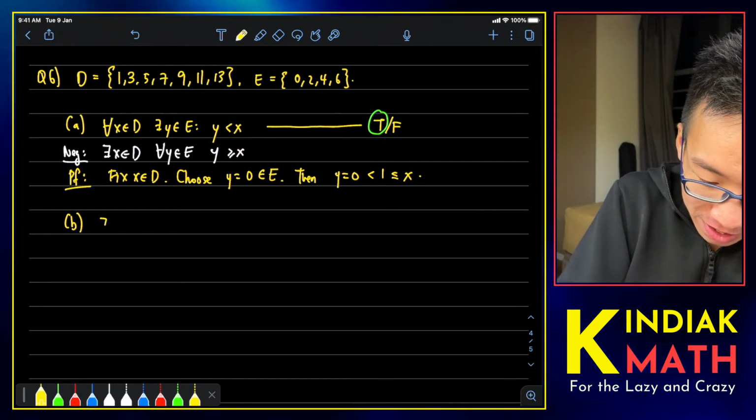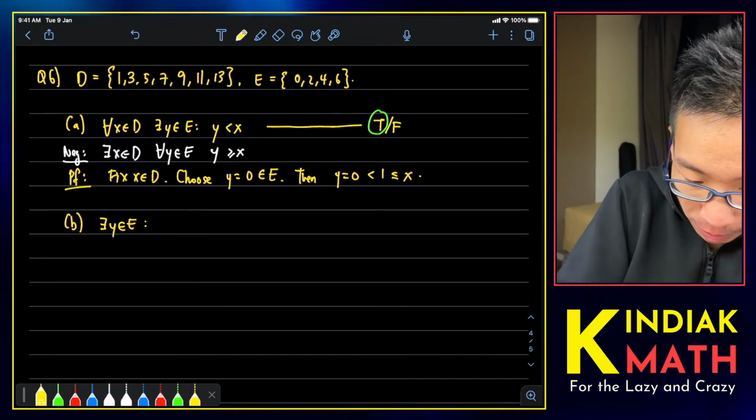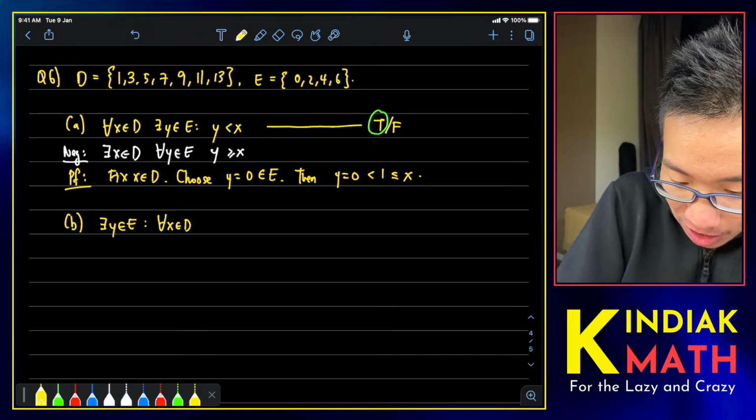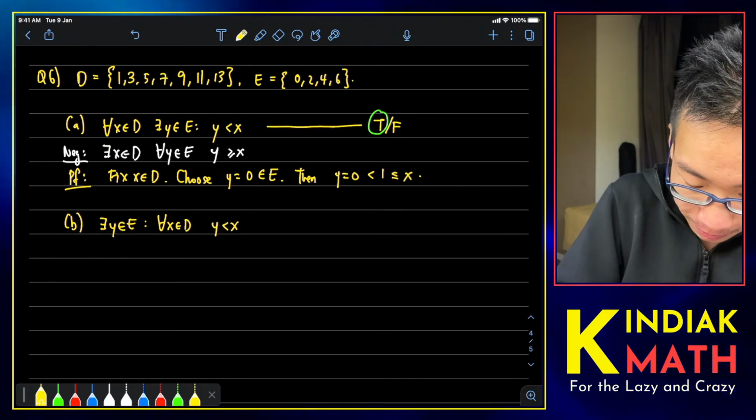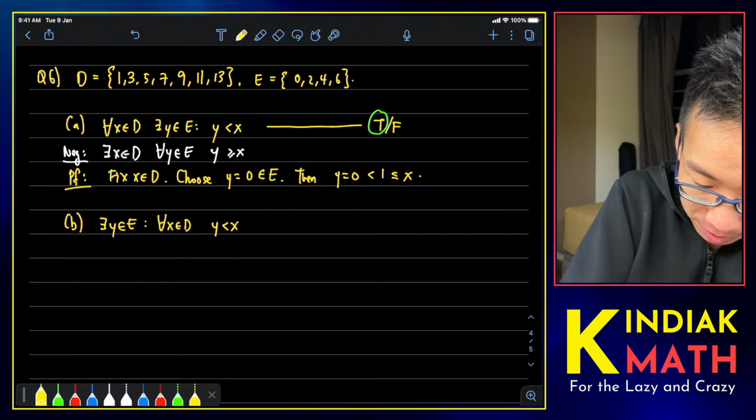Next one is, there exists y in E with the property that for any x in D, y is less than x. Let's negate this statement.